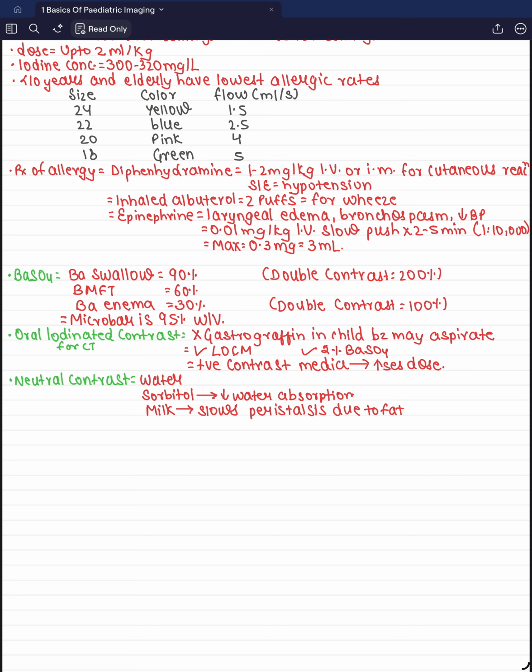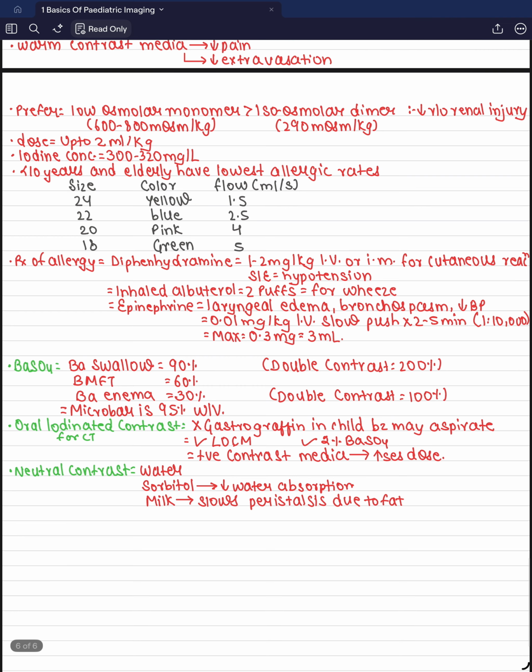What neutral contrast can we use? We can use water, we can use sorbitol, because sorbitol also decreases water absorption in the intestine, so the intestine will distend. Or you can use milk. Milk slows the peristalsis due to the presence of fat, so again the intestines will distend.